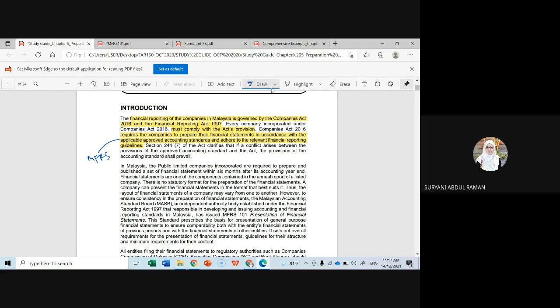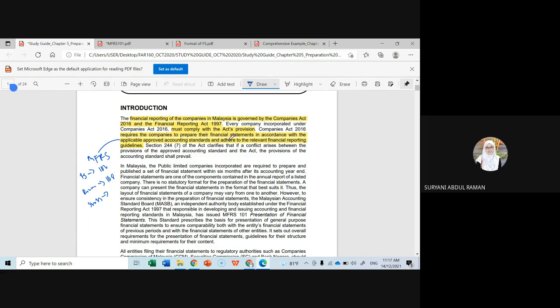So if you are preparing the financial statement, then you will follow MFRS 101. If you are doing revenue, then you have to follow MFRS 1, I can't remember, is it 108, I think. If you are talking about stocks, then there will be a different MFRS to follow.